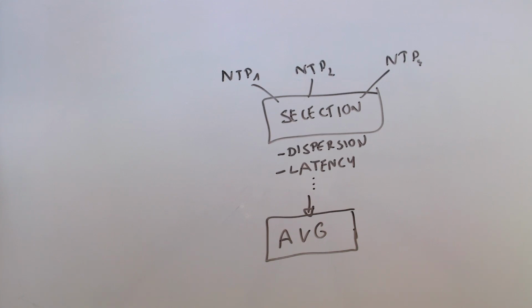And actually the standard, let me go back to the standard, has a neat name for this. Let me see if I can find it. Yeah, false tickers are the ones that are being rejected, and true chimers are the ones that are kept in order to derive your time.